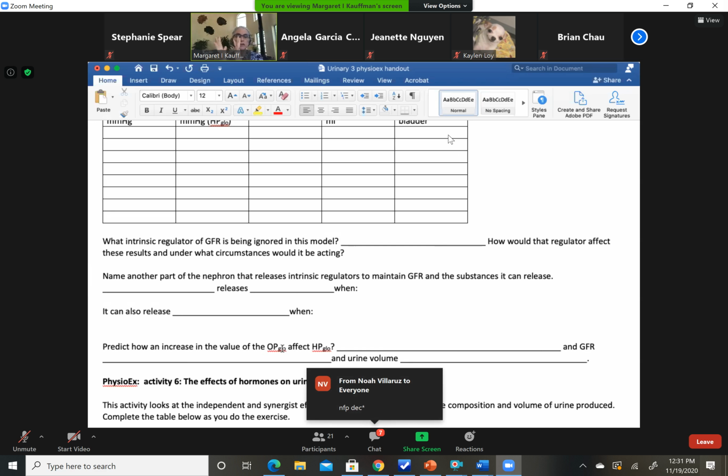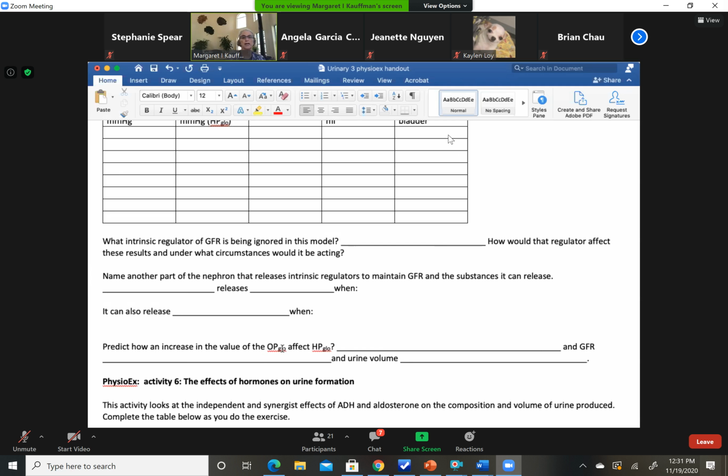So if we go back to our formula, subtract from HP glomerulus the sum of the osmotic pressure and the capsular pressure. So if you increase your osmotic pressure, then don't change anything else, your glomerular filtration rate should drop because you're unable to push things out as effectively, and urine volume ought to drop.